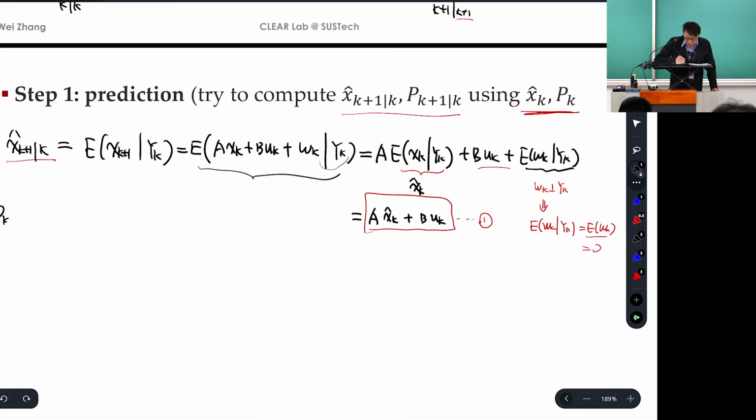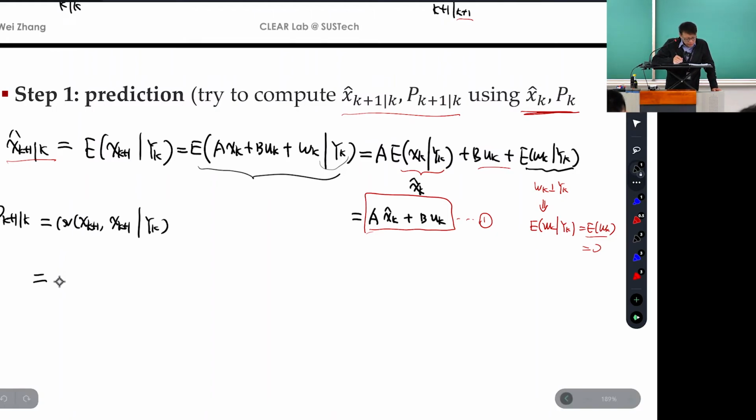Okay, let's say P k plus 1 given k. That's our covariance, right? So it's a covariance of xk plus 1 given yk. How to do this? Let's write it down. Covariance is expectation of what?